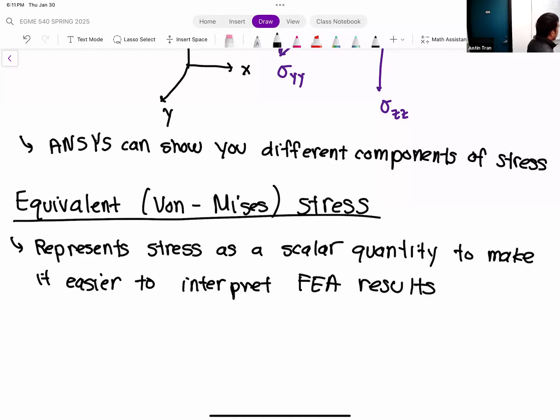Okay. So our mind already does this with vector quantities, right? Think about the total deformation plot that you all produced in activity one.